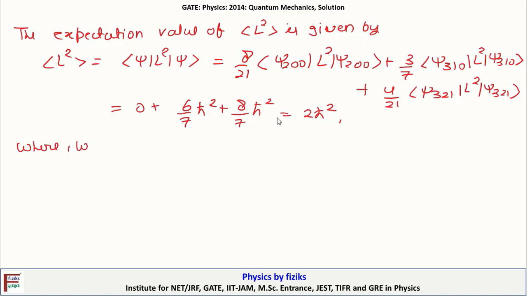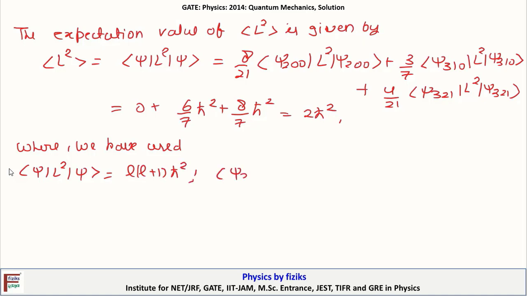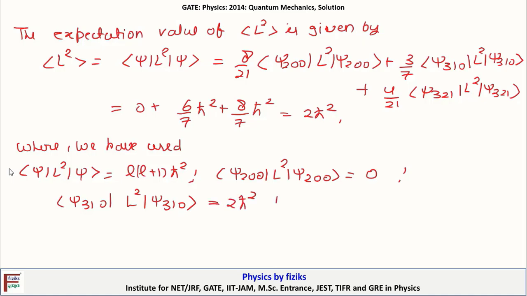where we have used ⟨ψ|L²|ψ⟩ equals l(l+1)ħ², that is ⟨ψ200|L²|ψ200⟩ is equal to 0, ⟨ψ310|L²|ψ310⟩ is equal to 2ħ², and ⟨ψ321|L²|ψ321⟩ is equal to 6ħ².